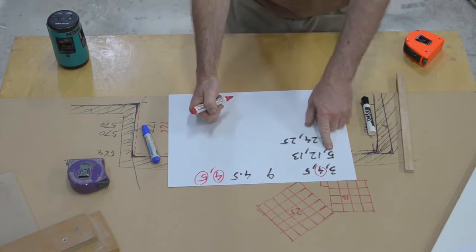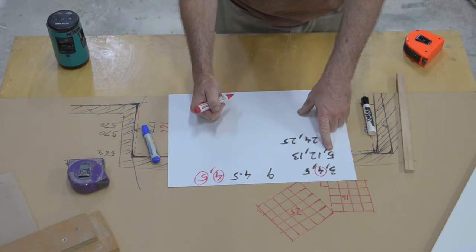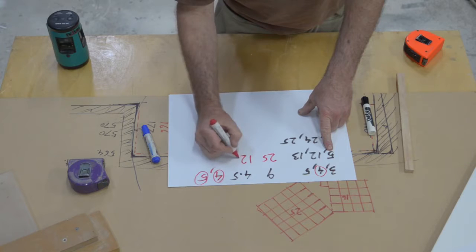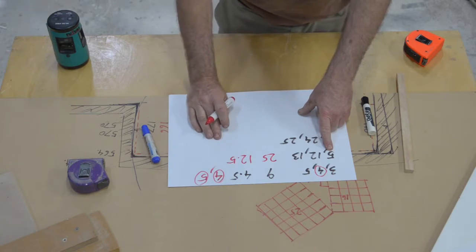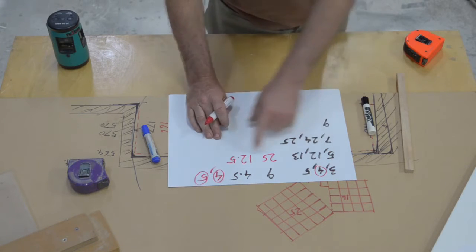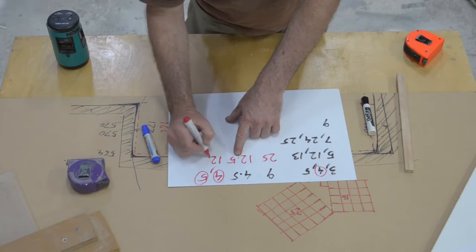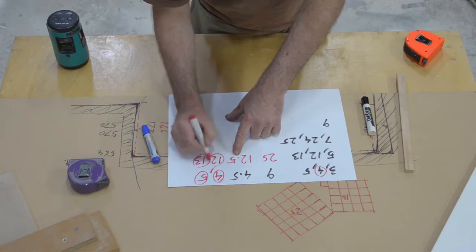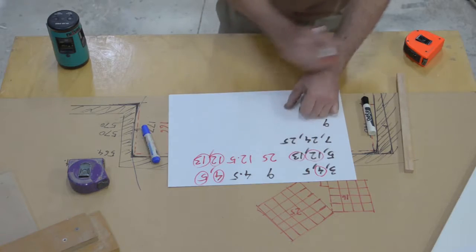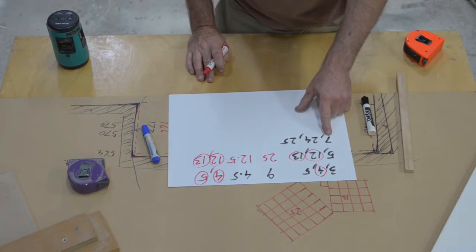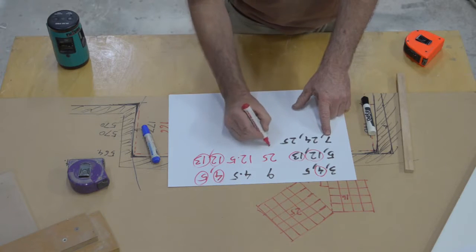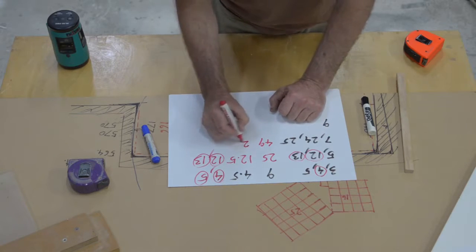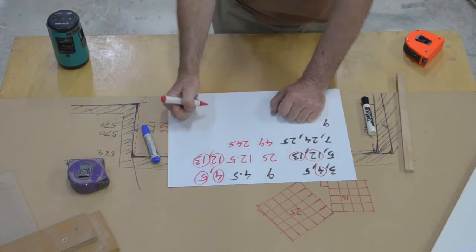Next one, 5 fives is 25. Divided by 2, it's 12 and a half. Take away the half, we've got 12. Add the half, 13. So here you can see those two numbers are here. Same thing here, 7. 7 sevens are 49. 49 divided by 2 is 24.5.